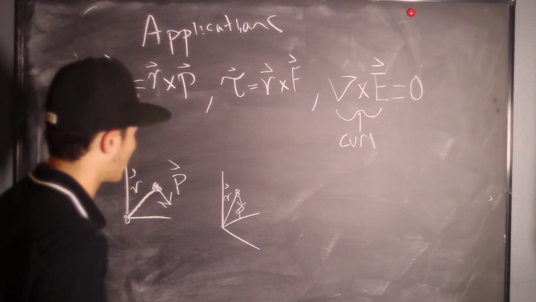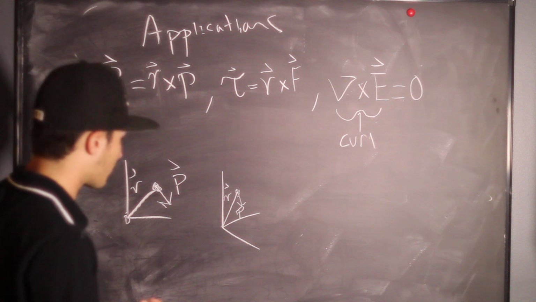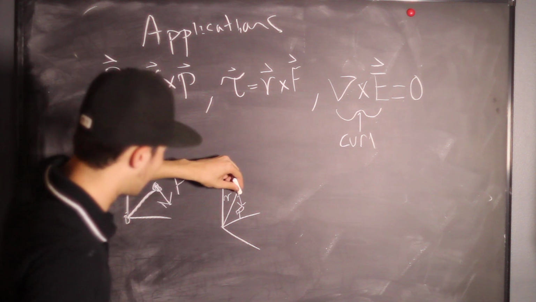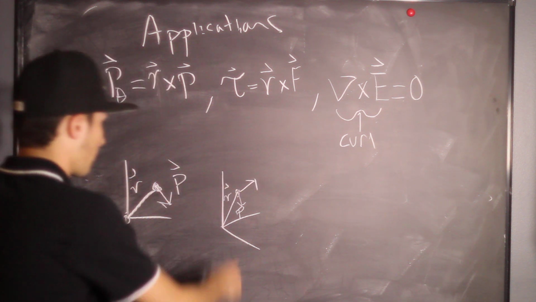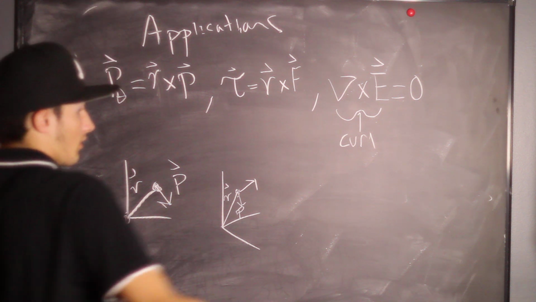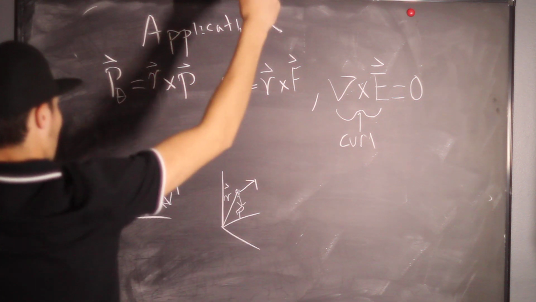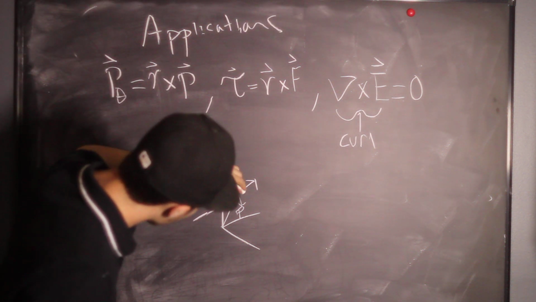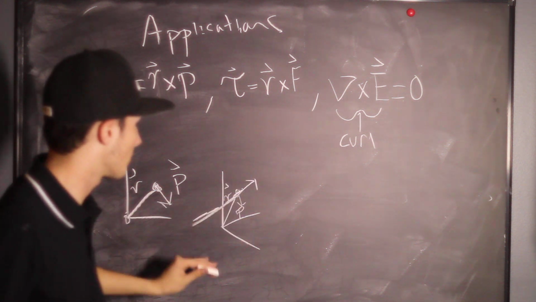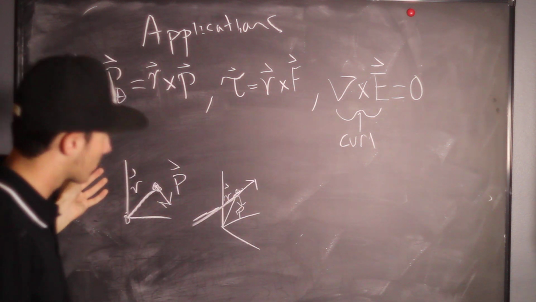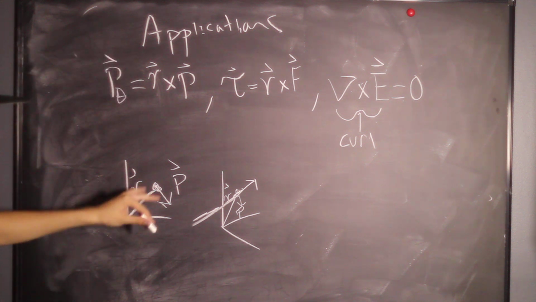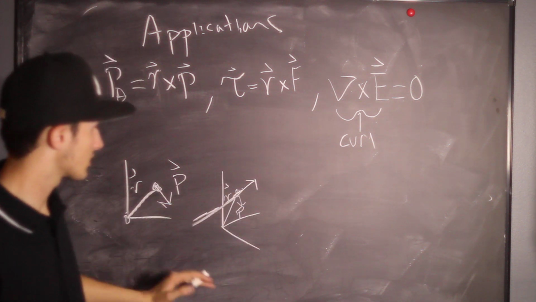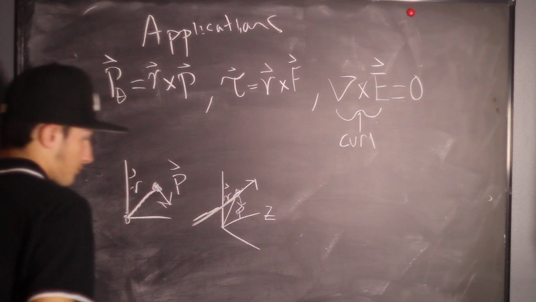And our angular momentum is going to follow the right-hand rule. So with r and p, it's going to be that way. It's going in this direction, not in that direction. It's kind of going through the plane. It is parallel with z because these aren't in z. So it's going to be orthogonal to both of them, and it's going into z if that's z.